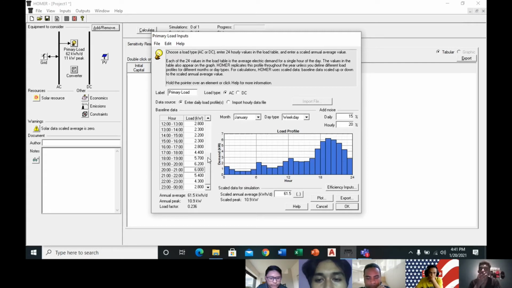And at 9 p.m. it decreases to 5.4 kilowatts per hour. At 10 o'clock it decreases to 4.3 kilowatts per hour. And at 11 o'clock it decreases to 2.8 kilowatts per hour. So that is for the primary load inputs that we did. That's all for the simulation.